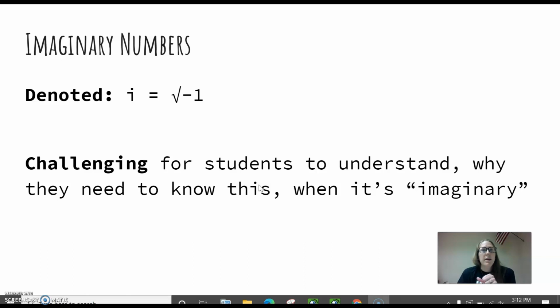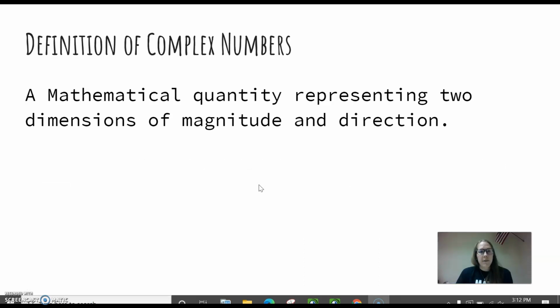When coming up with a definition, I really wanted to find a definition where students might get a visualization as to why this is important. So I stumbled upon this definition of complex numbers: a mathematical quantity representing two dimensions of magnitude and direction. I really enjoyed this definition because right now, students really only think of complex numbers as a plus bi.